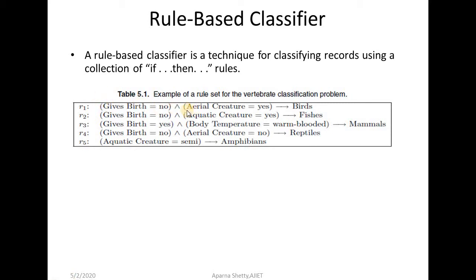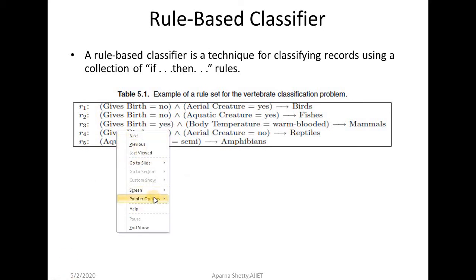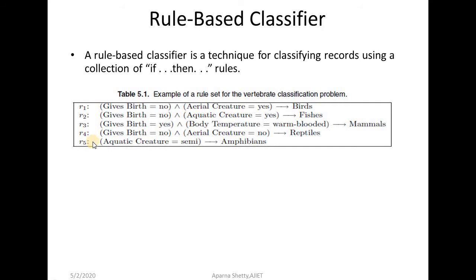Gives birth equal to no and aerial creature equal to yes, then it implies birds. That is rule R1. Next, rule R2: gives birth equal to no and aquatic creature equal to yes, then it implies fishes.